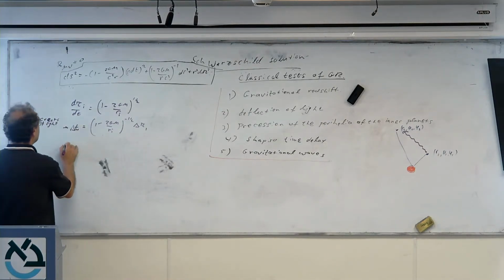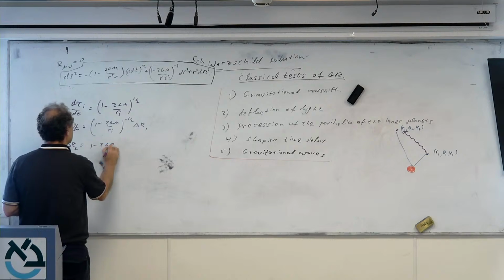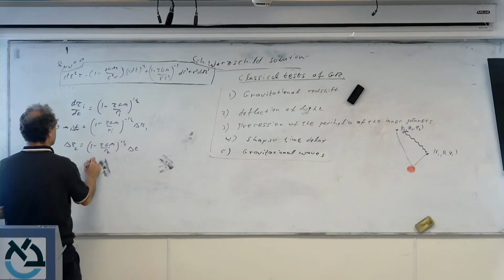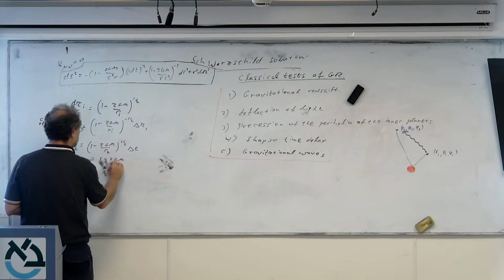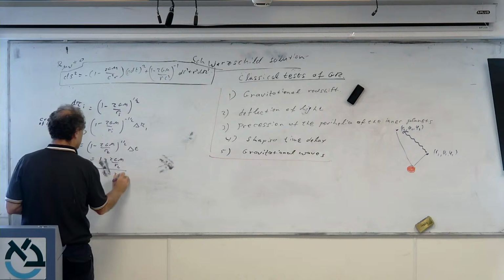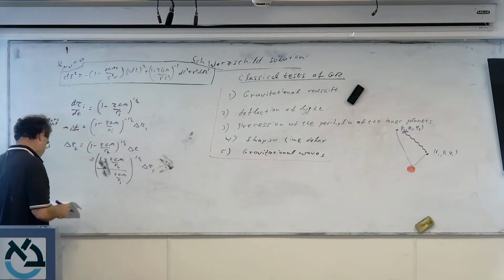Therefore, delta tau 2 is 1 minus 2GM over R2 to the power 1 half delta t, which is 1 minus 2GM over R2 divided by 1 minus 2GM over R1 to the power 1 half, delta tau 1.